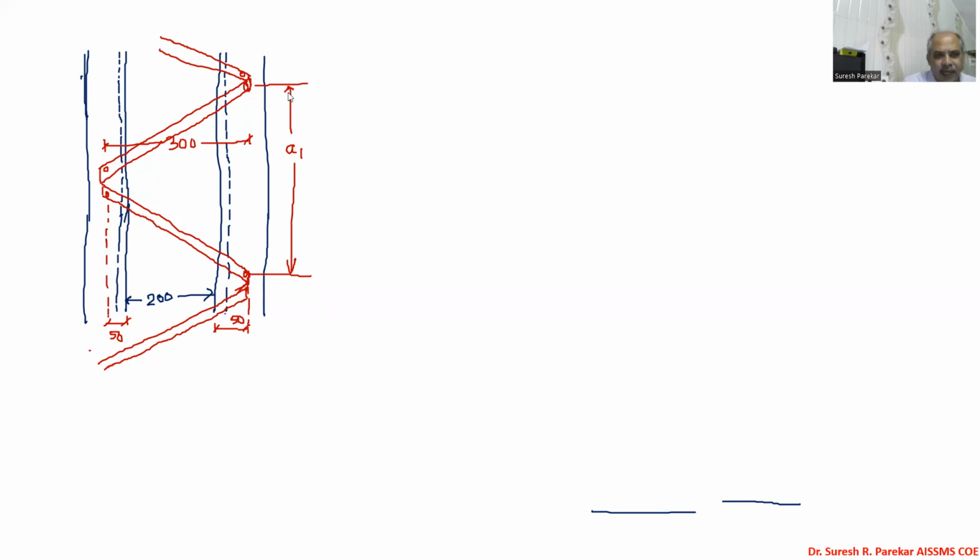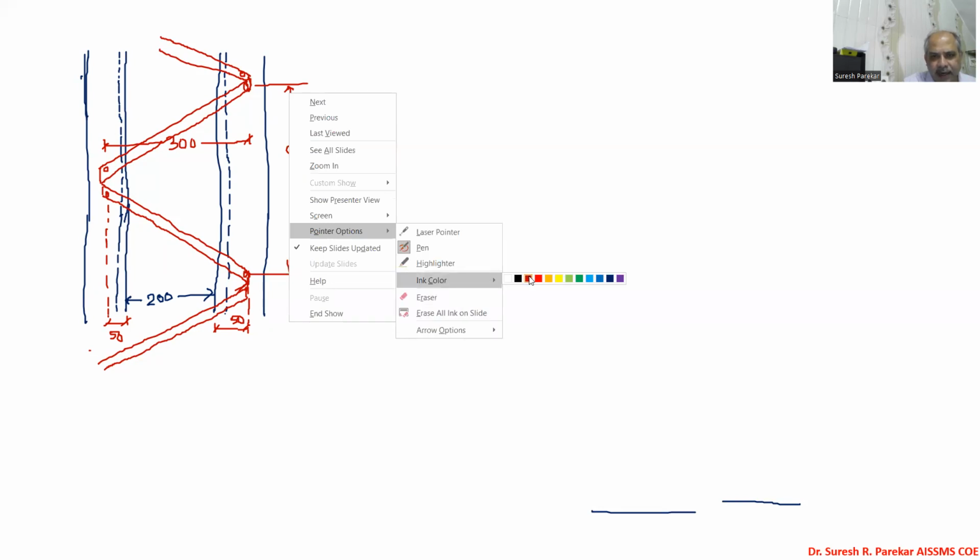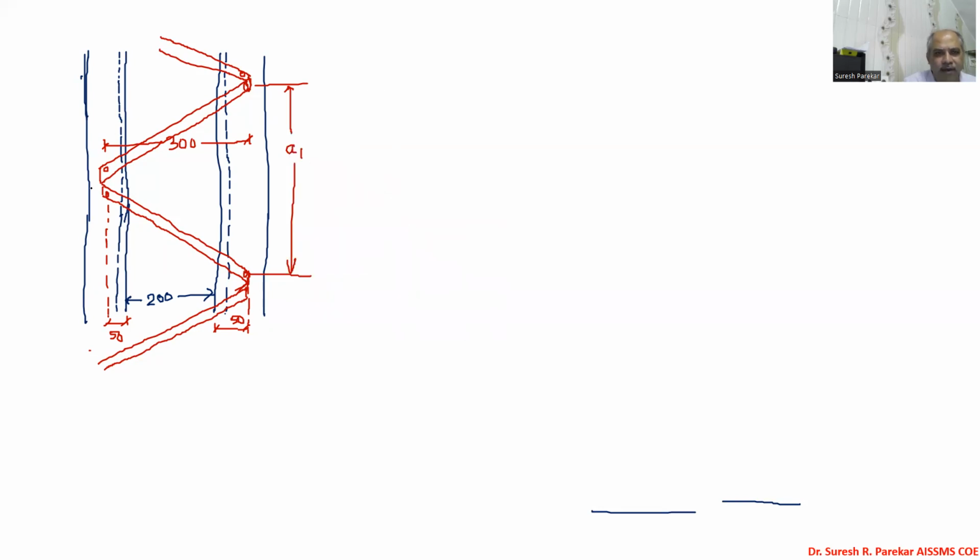Then from this, we are going to get this spacing of lacing. Again, I will take another color. So we have spacing of lacing. And now we will assume this angle as 45 degrees. So we have this as an isosceles triangle, and this 45 degrees we are going to consider as given in IS 800.